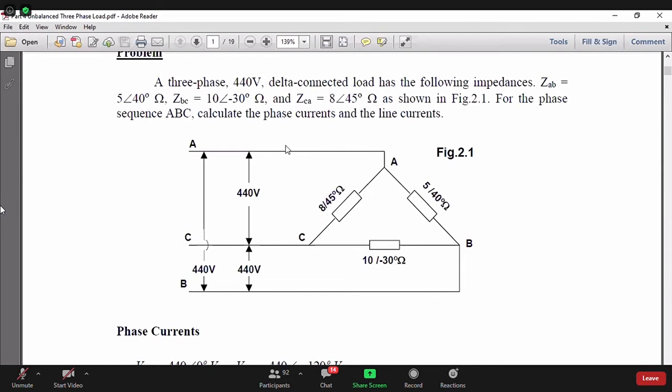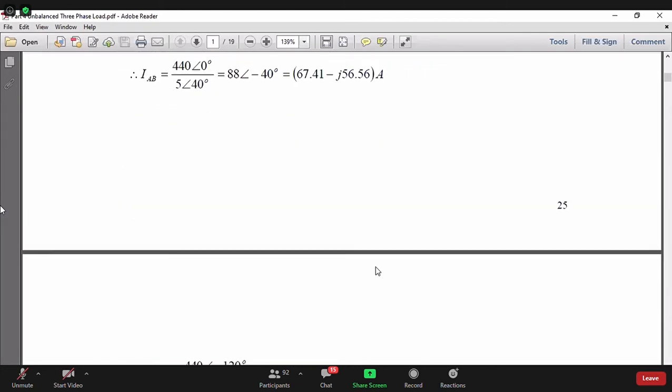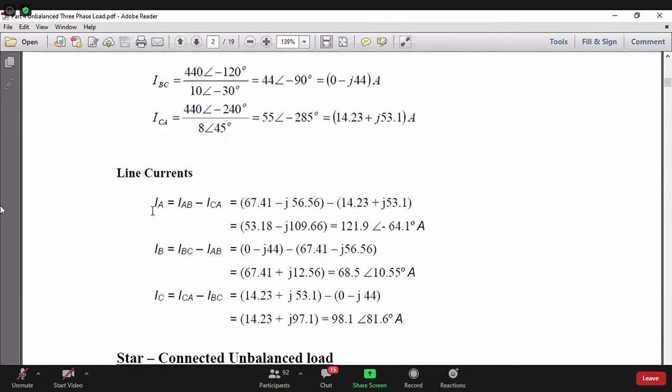Of course, it is a load, so IA is from left to right. Then AB from A to B, CA from C to A. It is quite obviously IAB minus ICA. Similarly, if you look at node B, it will be IBC minus IAB. So just apply Kirchhoff's current law and you get the 3 line currents.